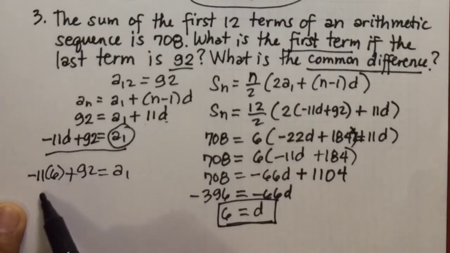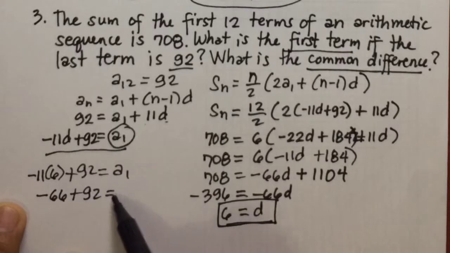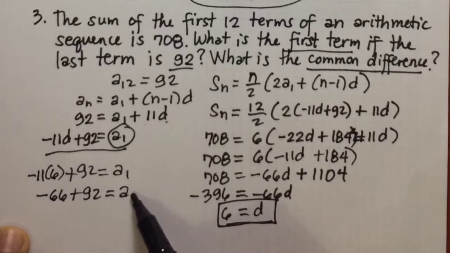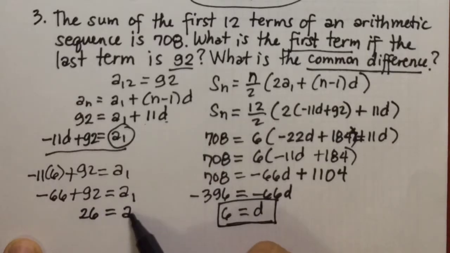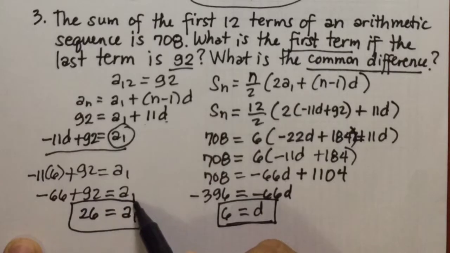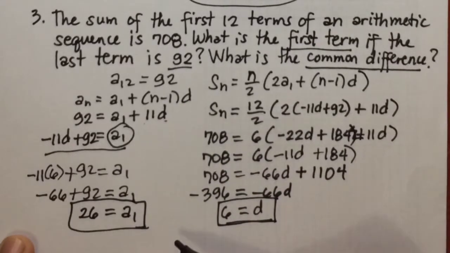Then negative 11 times 6 is negative 66, plus 92 equals a sub 1. Then 92 minus 66, the answer here will be 26. So a sub 1 is equal to 26, or the first term is equal to 26, and the common difference here is 6.